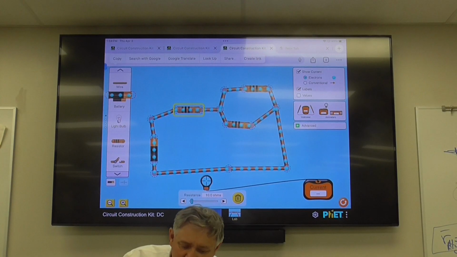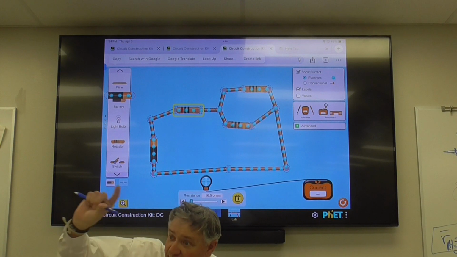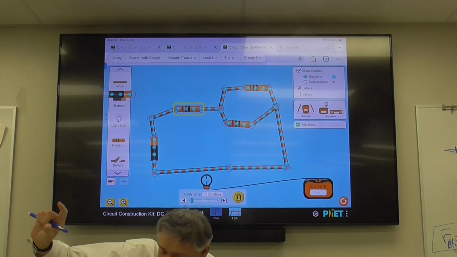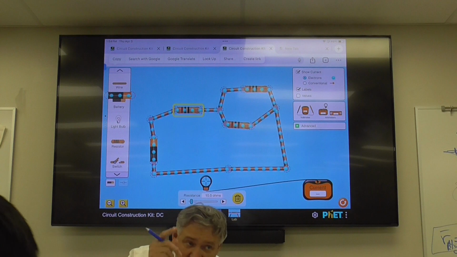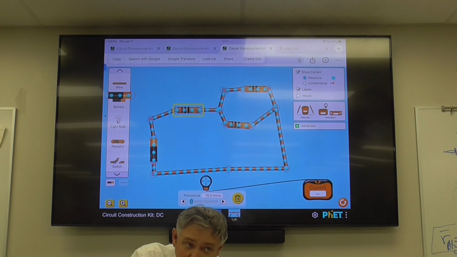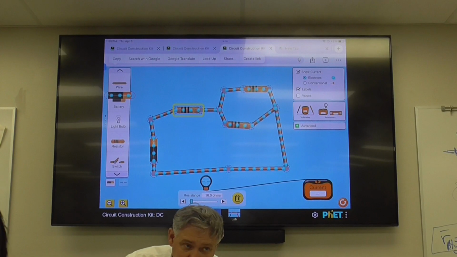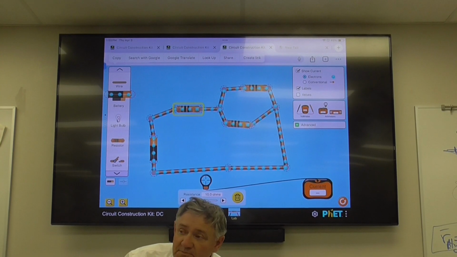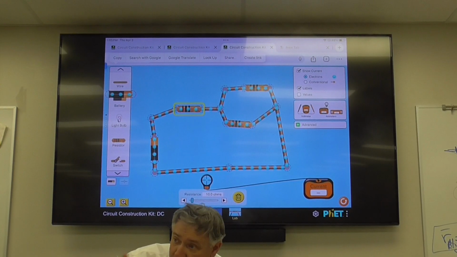If we have the equivalent of one 15 ohm resistor hooked up to one 30 volt battery, okay? And I have one 15 ohm resistor. What should be the current in the circuit? 2 amps.